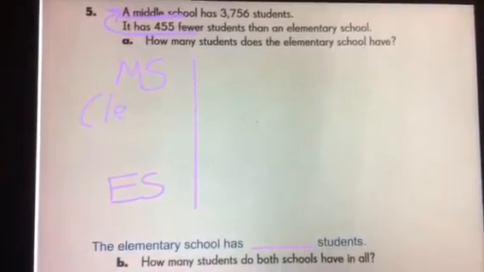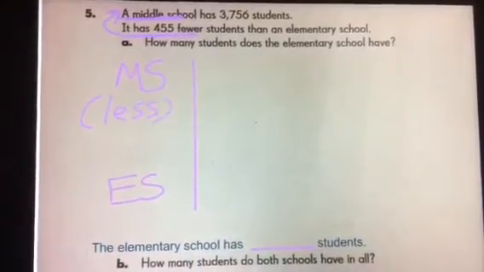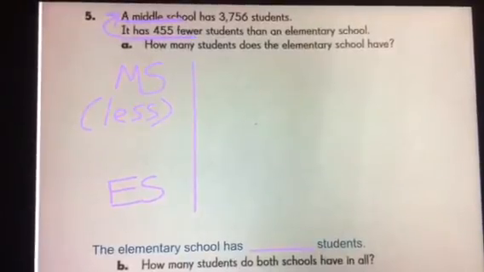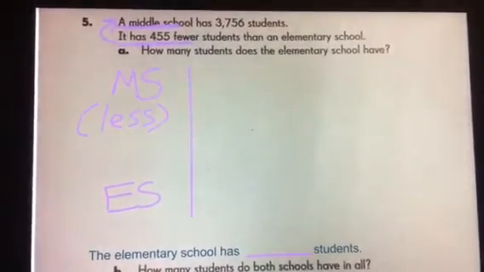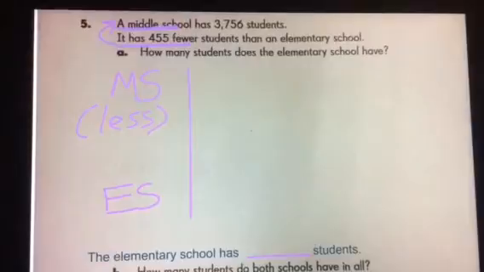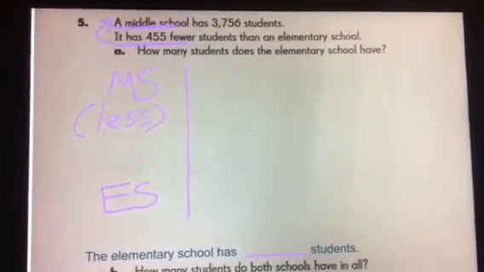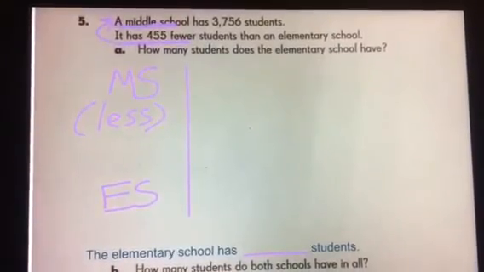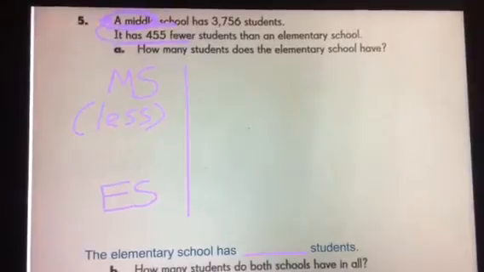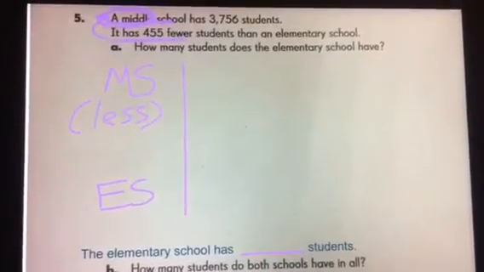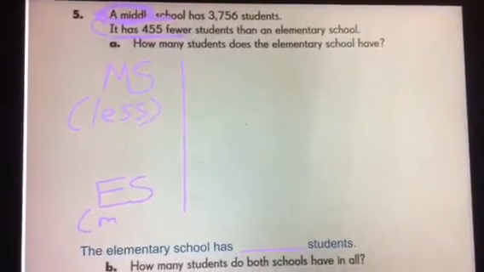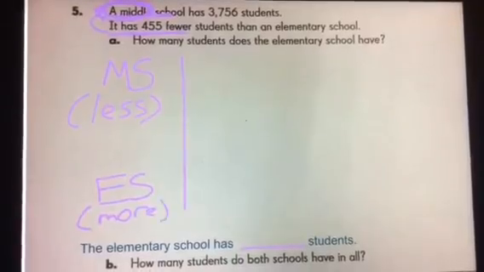So middle school has less. Some of the kids were getting confused about when it said it has 455 students fewer. Some of you were saying, well, what's it? Well, we'll just read the problem carefully and you'll find out that it's the middle school. So elementary school has more.